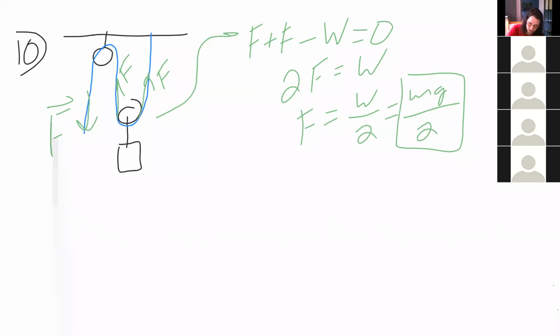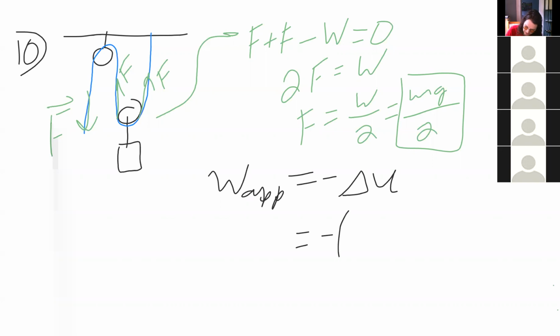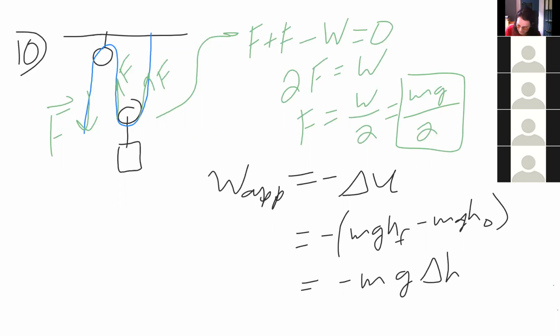However, because we know that the work applied has to be equal to the negative change in the potential energy, and since this is equal to the negative of mgh final minus mgh initial, which is the opposite of mg times delta h.